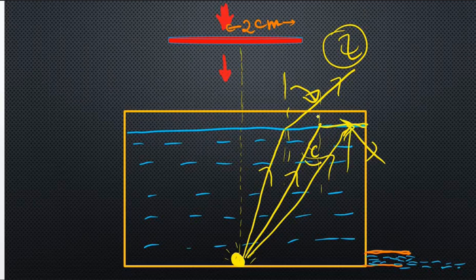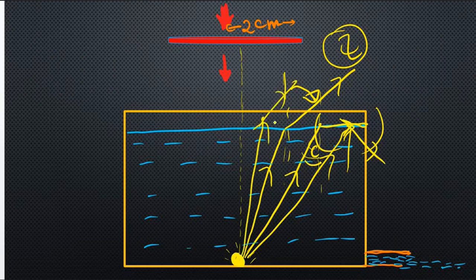From here it won't be a problem because these rays will not go out of the surface, so they will not help to see the point source. We only have to make sure the rays that come out are covered by the opaque disc.